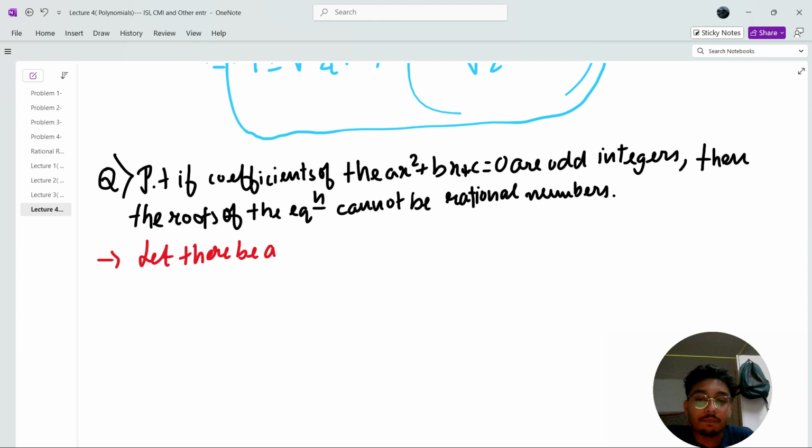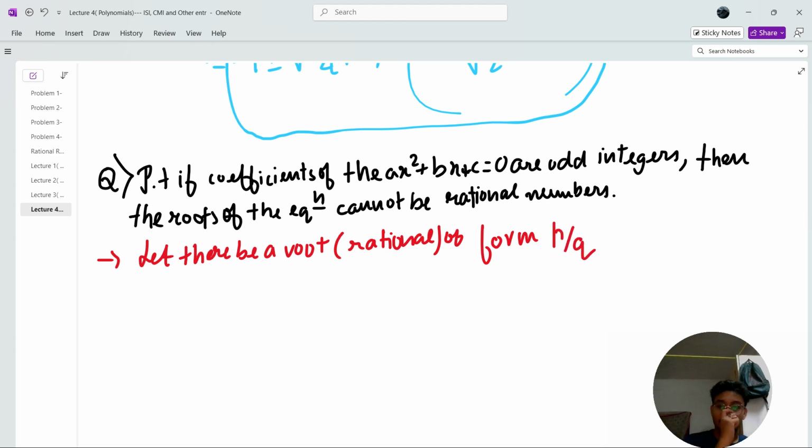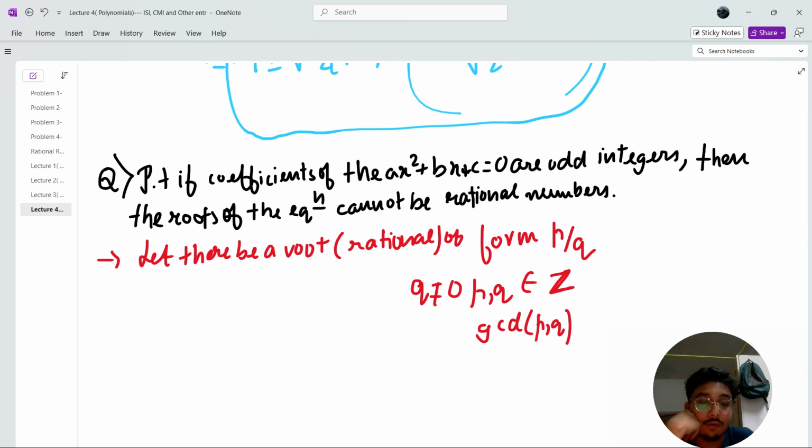So let there be a rational root of the form P by Q. As a rational number, we have the following properties. Q cannot be equal to 0. P comma Q must belong to the set of integers, and GCD of P comma Q has to be 1.